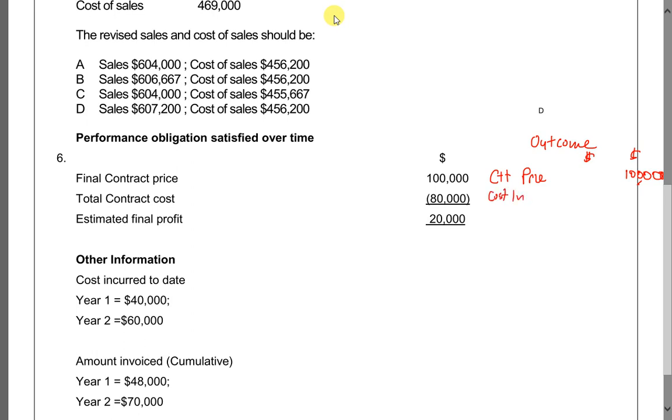Cost incurred to date, 40. This is the outcome for first year. So based on the contract cost, which is 80, what is the cost to completion or cost to be incurred?